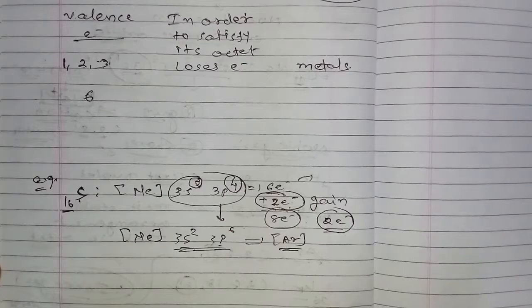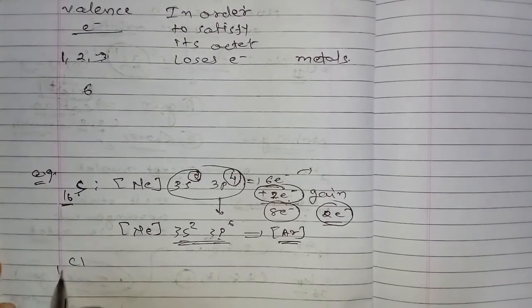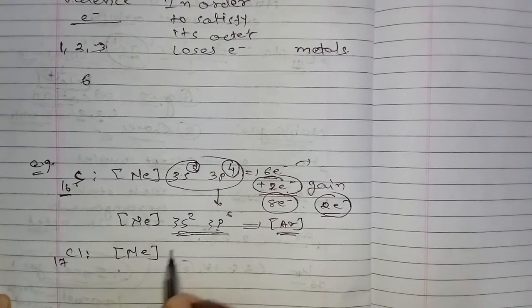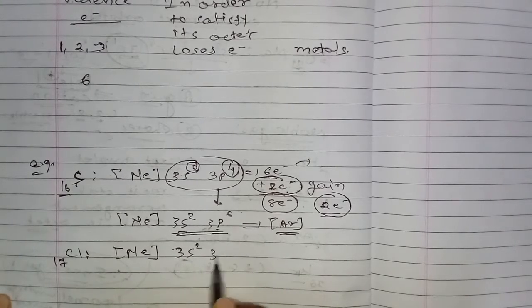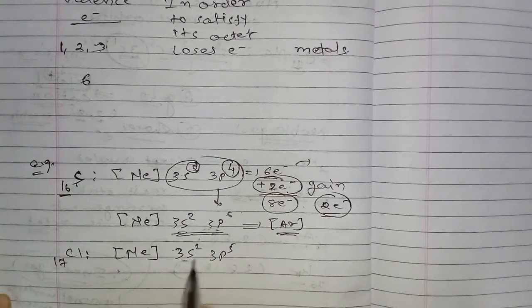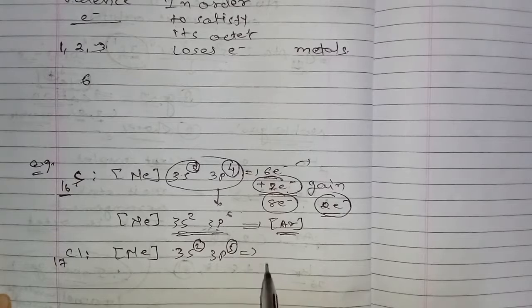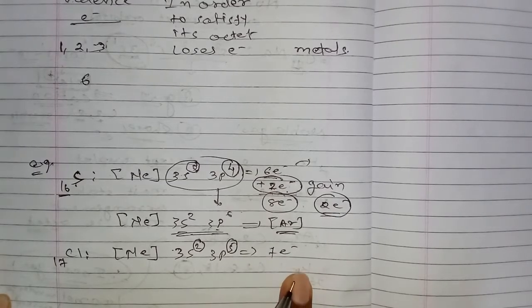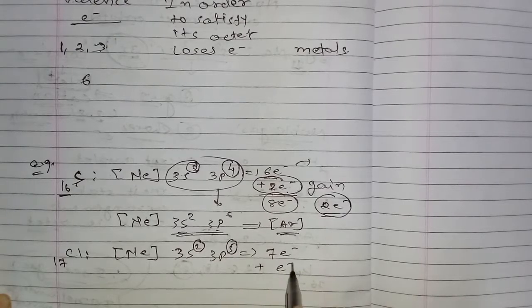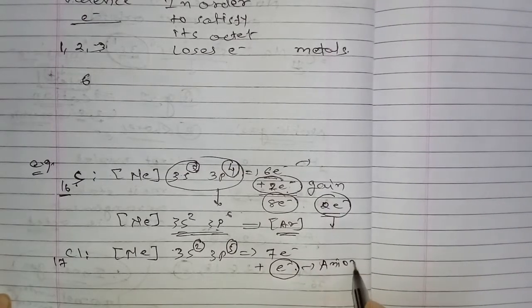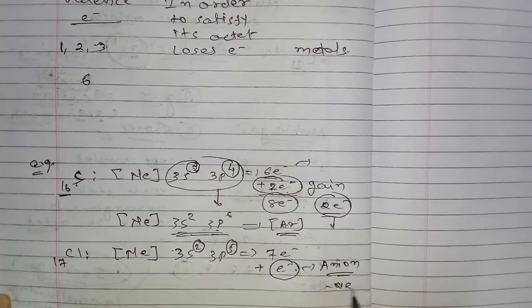For chlorine, 17, neon 3s2 3p5. In the outermost shell 2 plus 5 means a total of 7 electrons. To complete its octet, it gains 1 electron. When it gains an electron, it is converted to an anion, or negative ion.